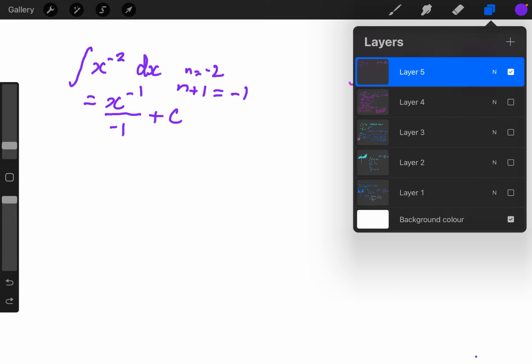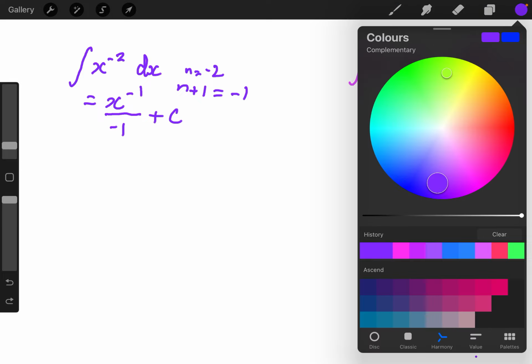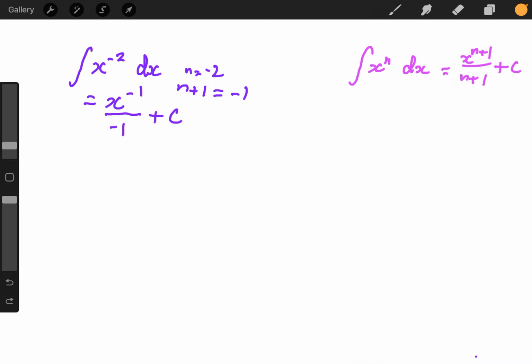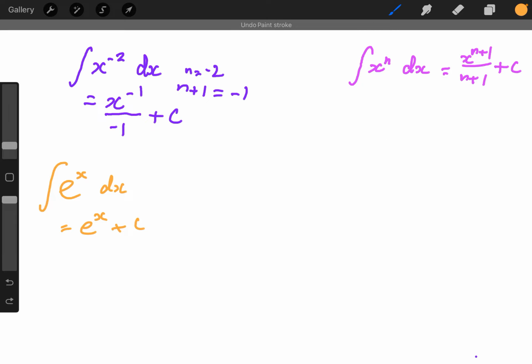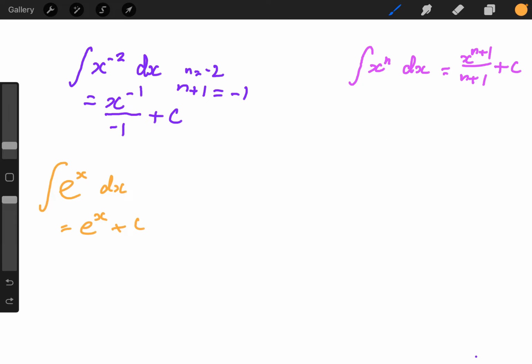So that's that. And let me just finish it off by giving you some other ones if you do need them. If you don't, just leave the video here. It's chill. Integral of e to the x is literally just e to the x plus c, of course. Remember the plus c or you die, bro.